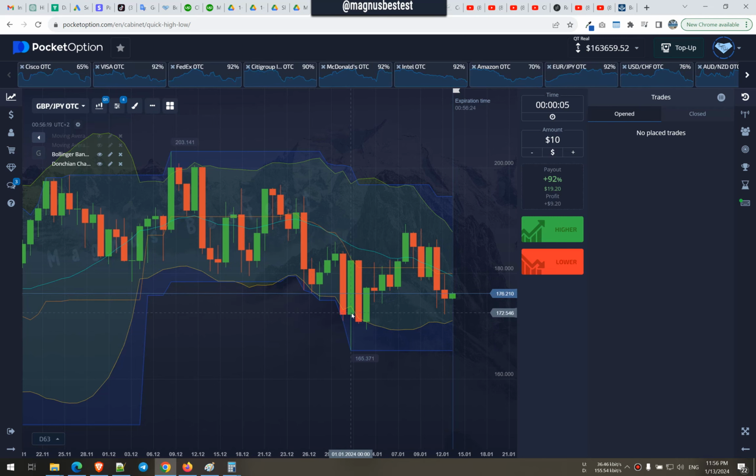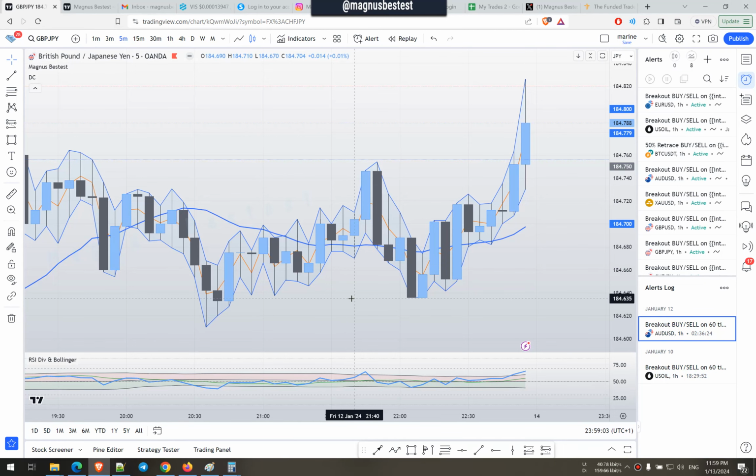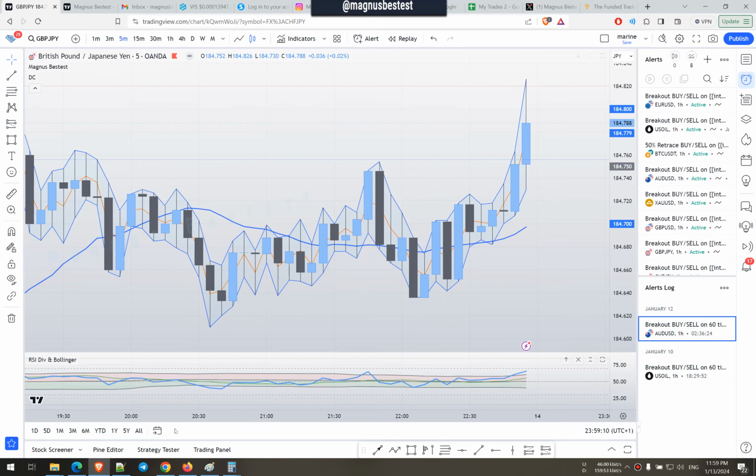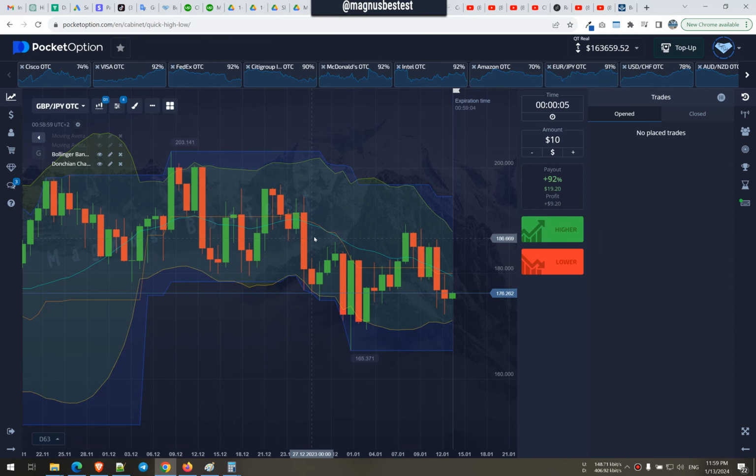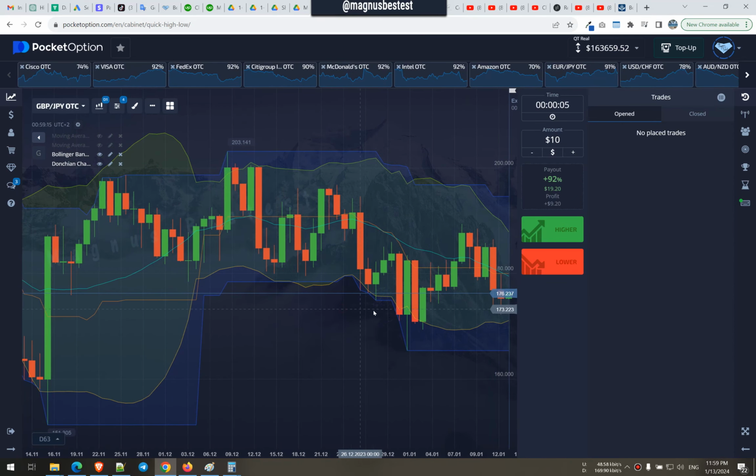They are calculated from the standard deviation of the moving average 20, in this case 2. The Donchian channels are not derived from the standard deviation, they just take into account the lows and highs.